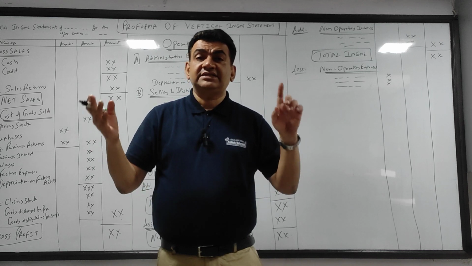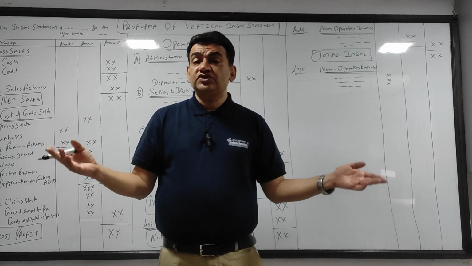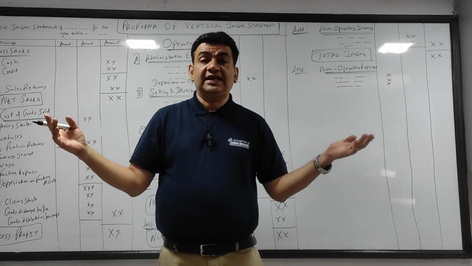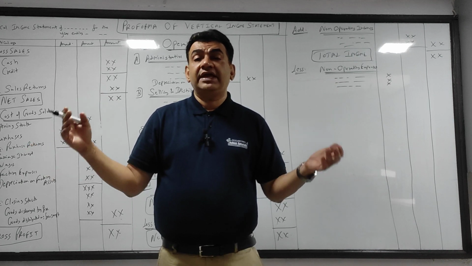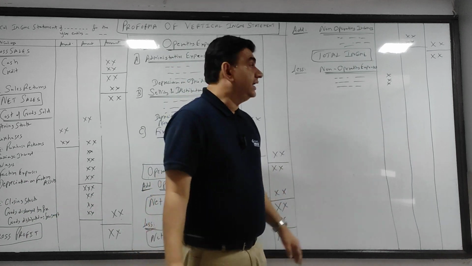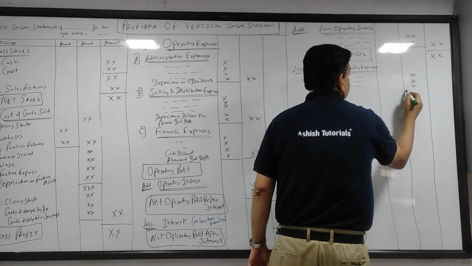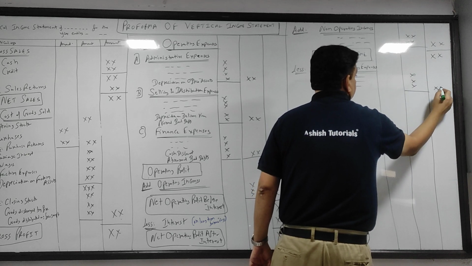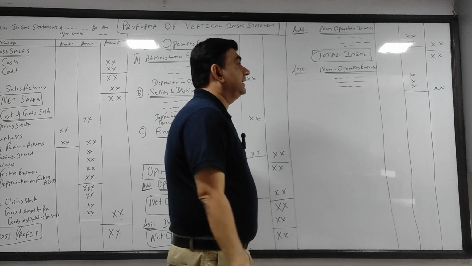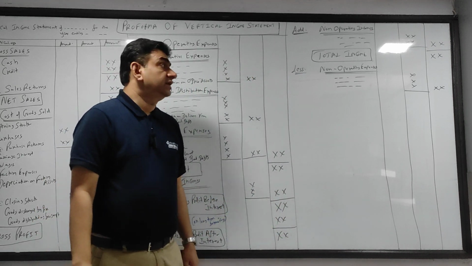Loss on sale of fixed assets, loss on sale of investments, loss by fire, loss by theft, loss by earthquake, loss due to tsunami. All these are your non-operating expenses. Second column, non-operating expenses. Take the total of all of them in the third column.